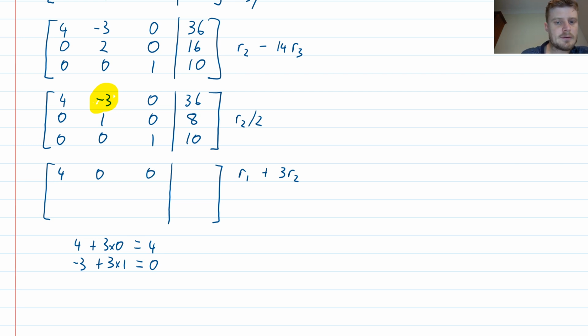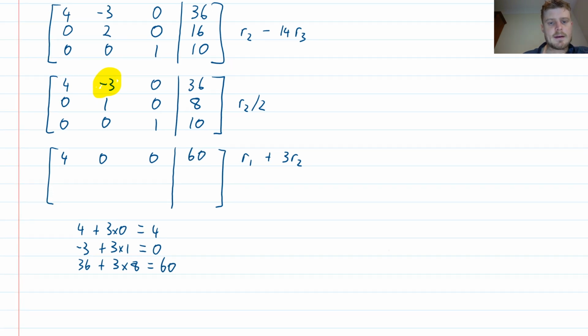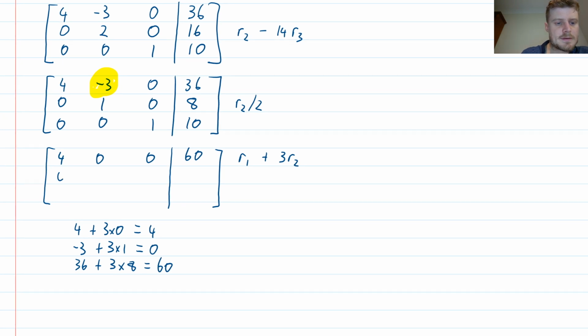In the augmented column I'm going to have 36 plus 3 times 8, which is 60, so I'll write here 60. Then the other rows I will just keep as they were, 0, 0, 1, and 10.